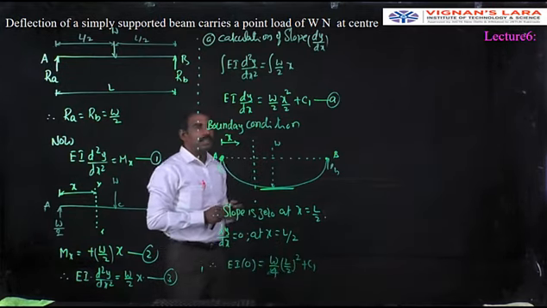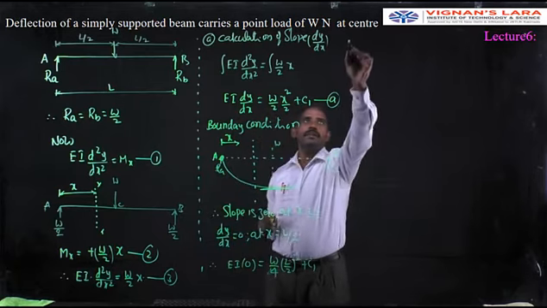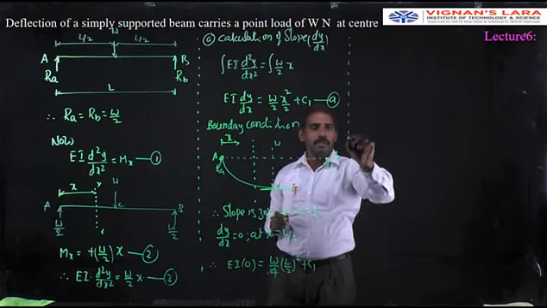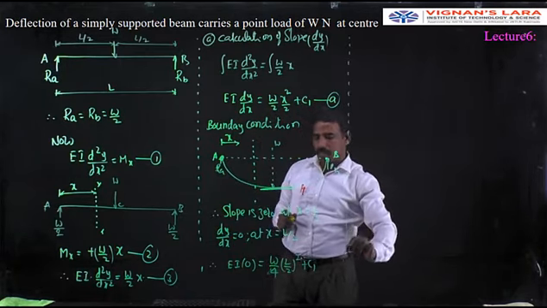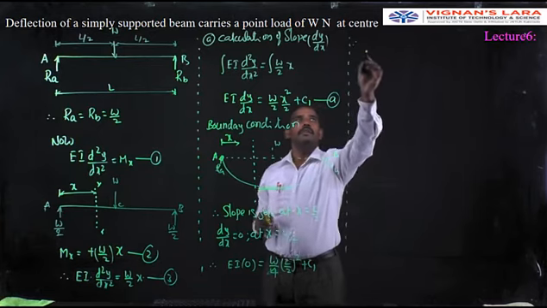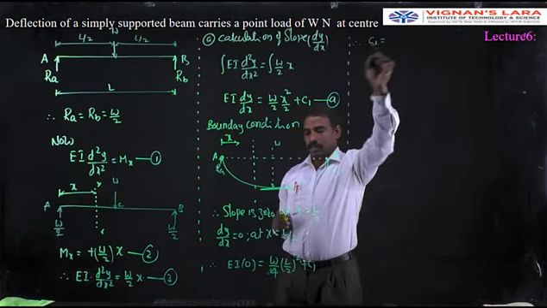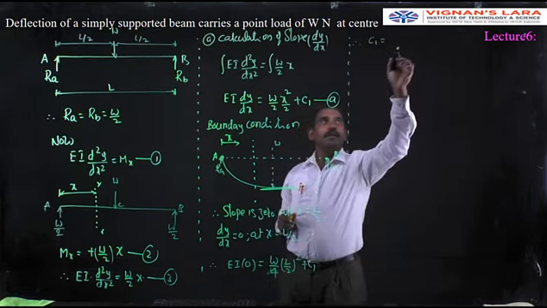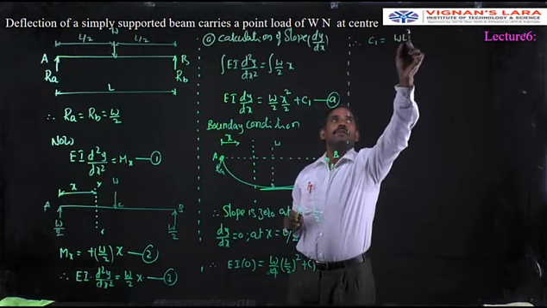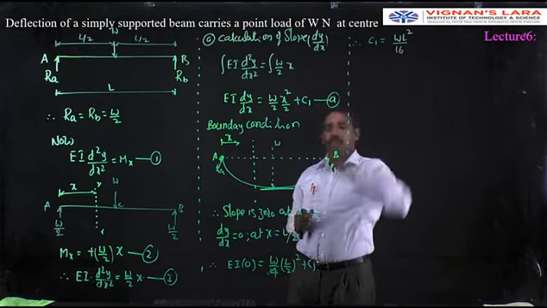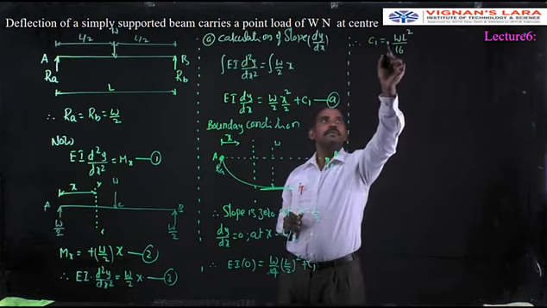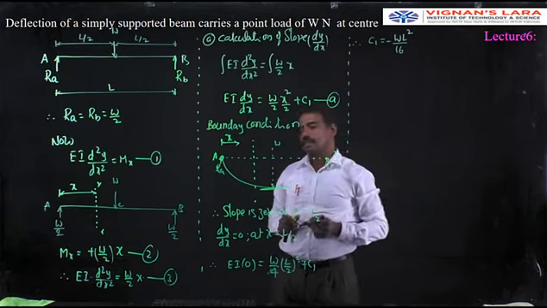From this equation we can find out the C1 value. Therefore C1 is equal to negative WL square by 16.